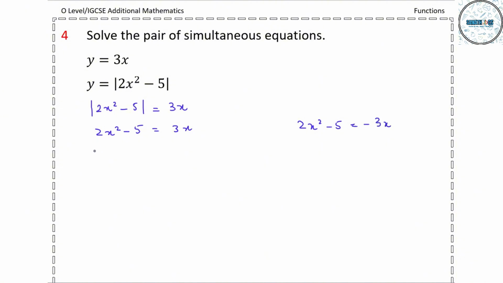Now we will solve these equations. We have 2x squared minus 3x minus 5 is equal to 0. We will solve it by middle term breaking. So we have here 2x squared minus 5x plus 2x minus 5 is equal to 0. We can take x as common, 2x minus 5 plus 1 is common, 2x minus 5.